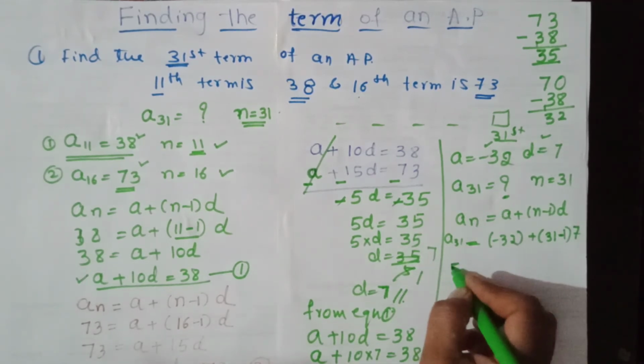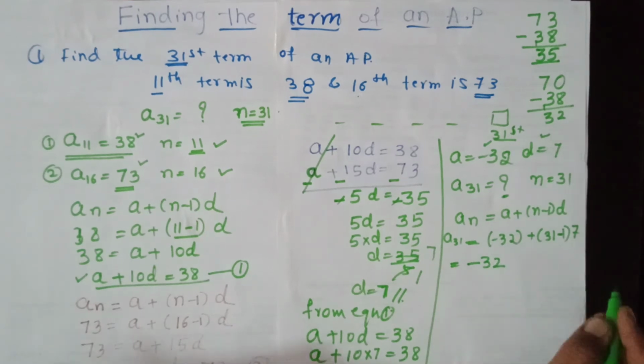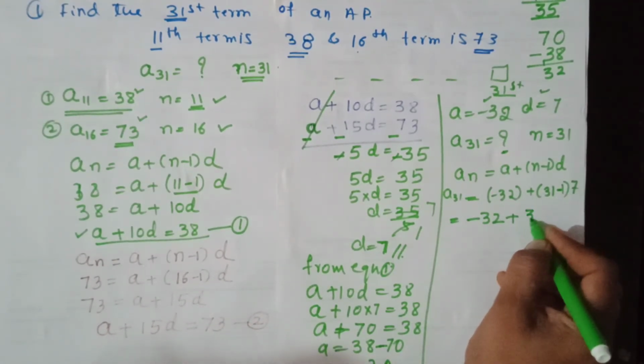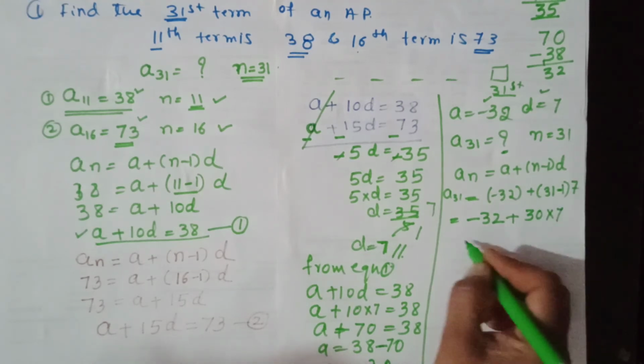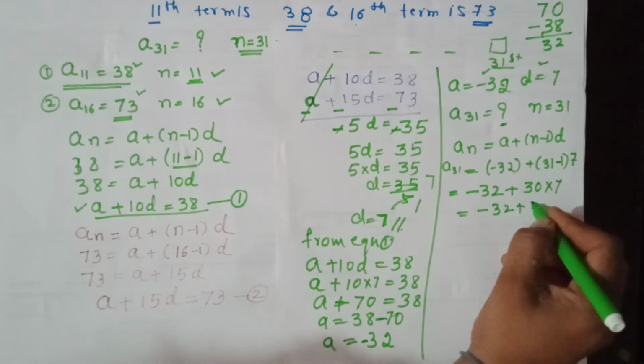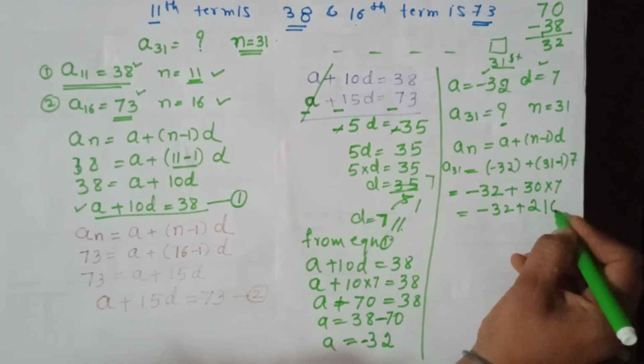So this is equal to minus 32 plus 30 into 7, that is minus 32 plus 7 threes are 21, and this 0.